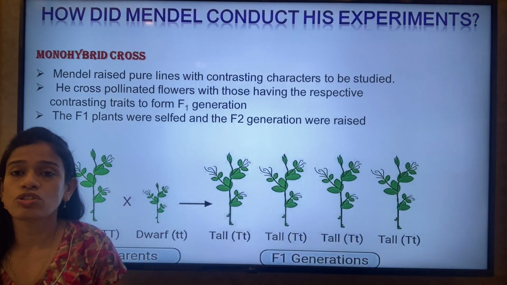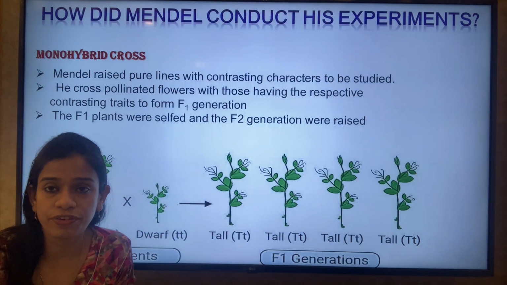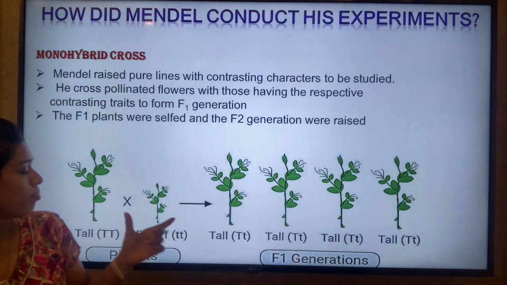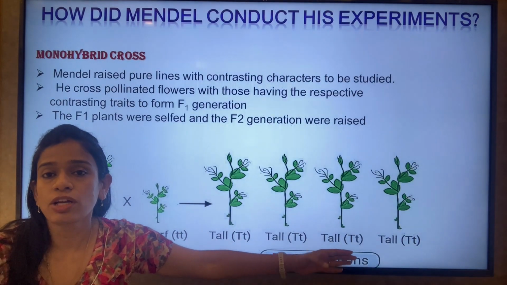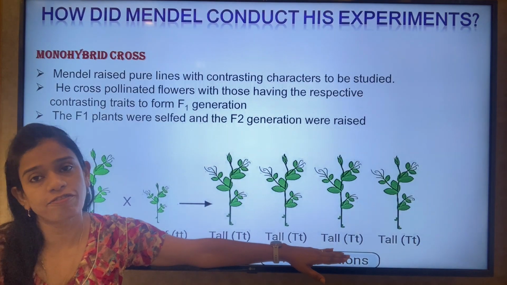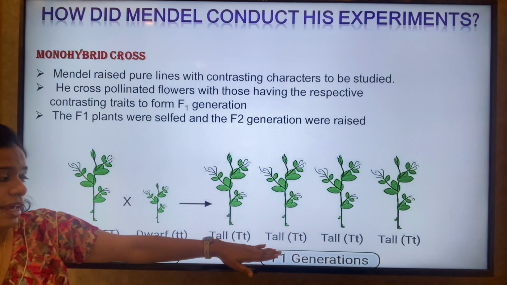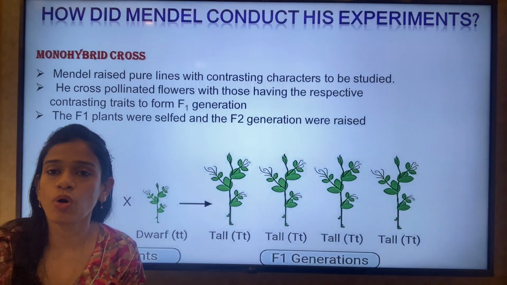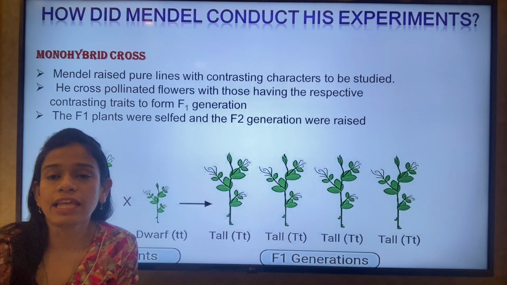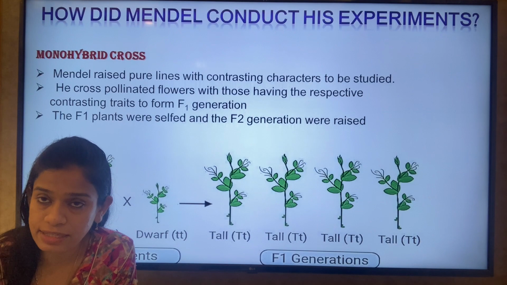F1 is also known as the first filial generation, which is developed by crossing of the two plants, and all of these plants in the F1 generation had capital T, small t. All of them had capital T, small t, which meant that they were in heterozygous condition.